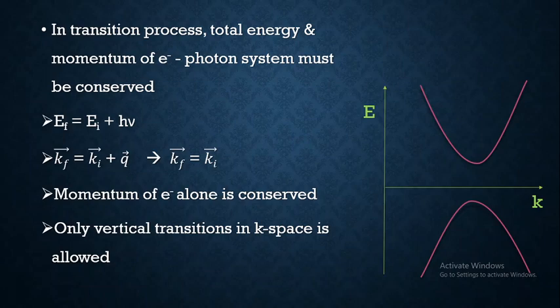Kf is with respect to the conduction band, that is the final wave vector, and Ki is with respect to the electron in the valence band. So Kf should be equal to Ki, which means the transition of the electron will be only straight. If it is crossed, it means that K is changing, that is, the wave vector will change, which is not true according to conservation of momentum. That's why we say that for fundamental transition, only vertical transition in K space is allowed.